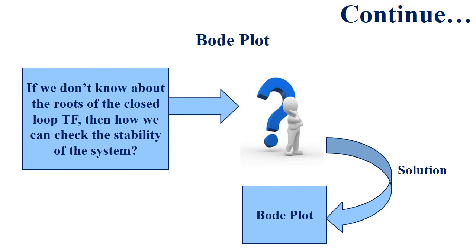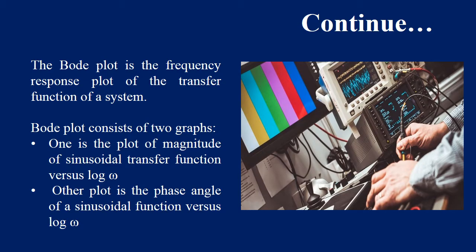It gives information about the stability of the closed loop transfer function by checking the system in open loop transfer function. A Bode plot is a graphical representation of a linear time invariant system transfer function. In a linear system, any sinusoidal that inputs the system is only changed in magnitude when it is amplified or attenuated, and in phase when delayed.